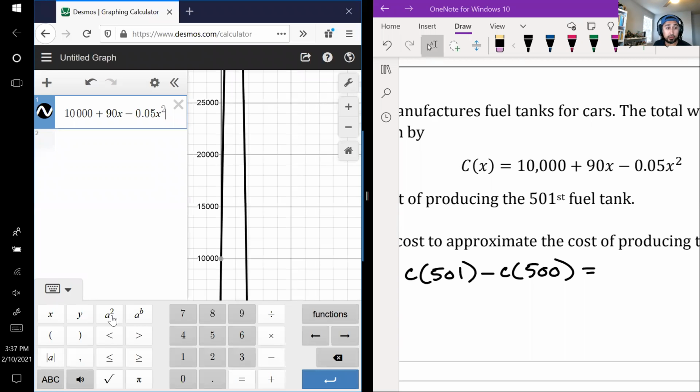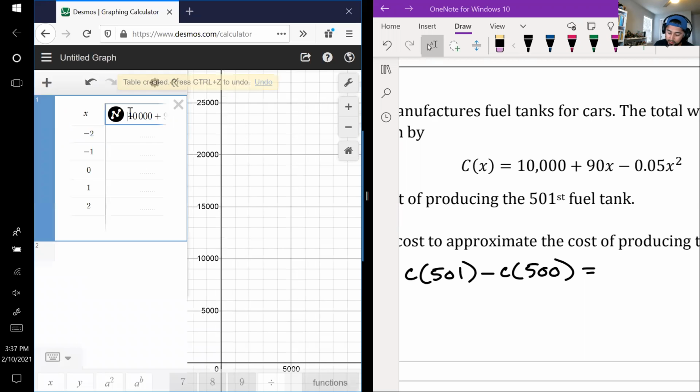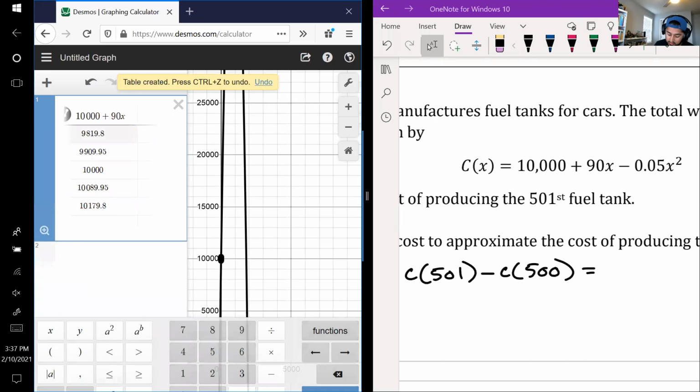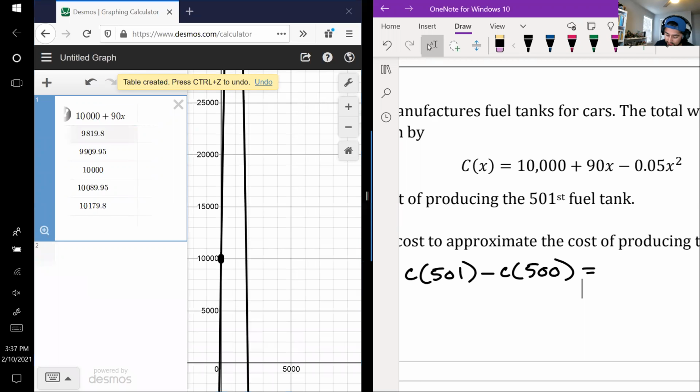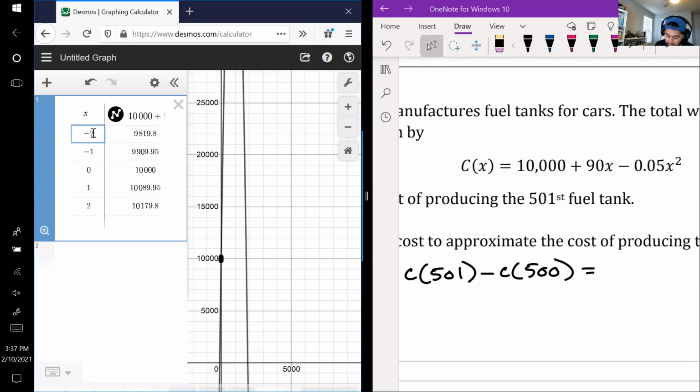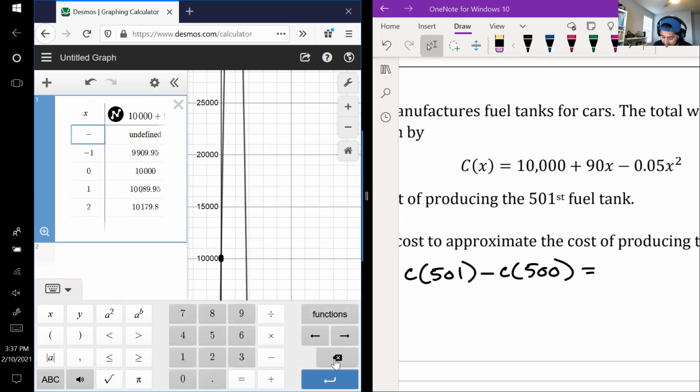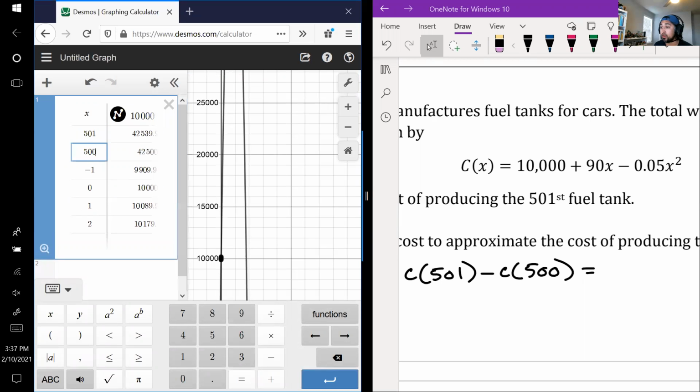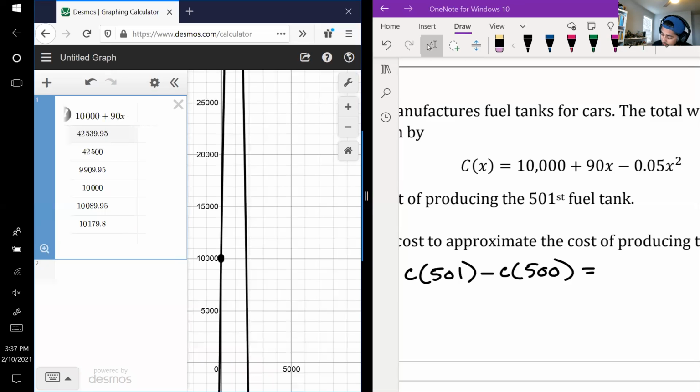Make sure I have everything in there correctly. And then I'm just going to make it into a table. And now I'll get to choose these values. There we go. So I'm going to type in 501 and I'm going to type in 500. And bam, look at that. Gives me those values already.